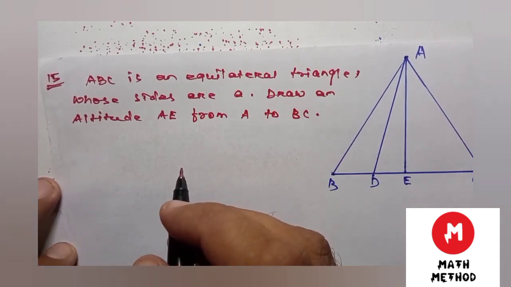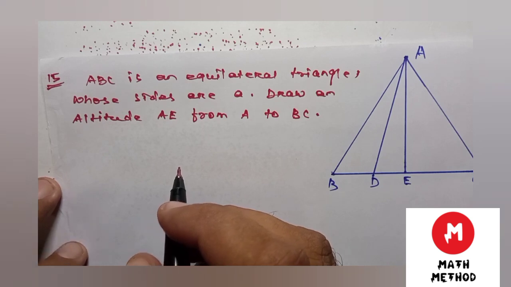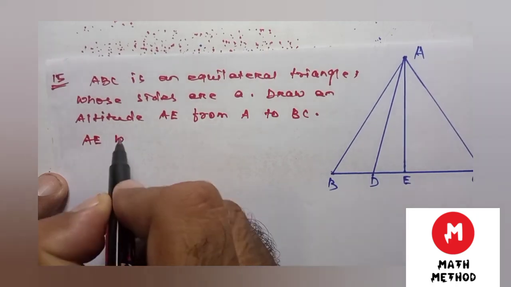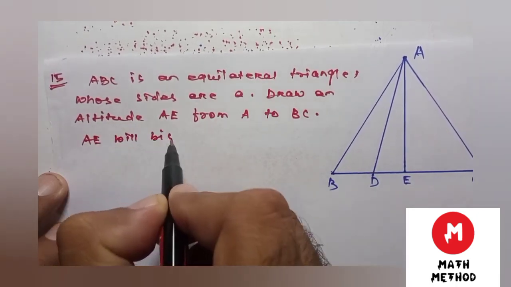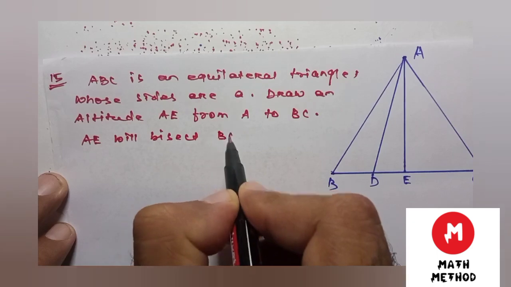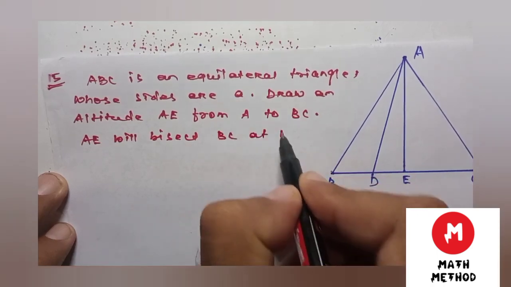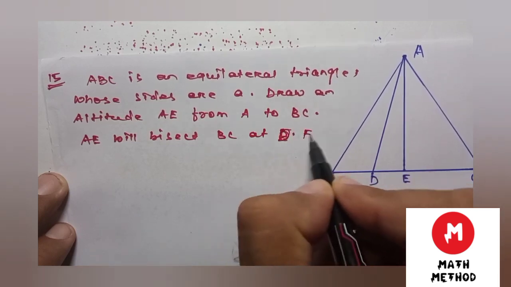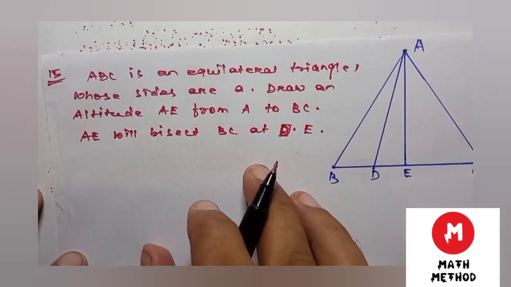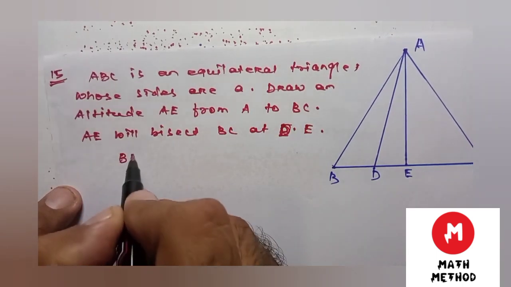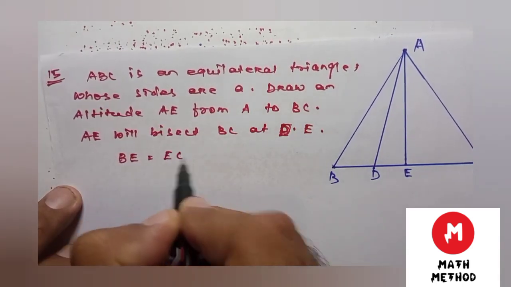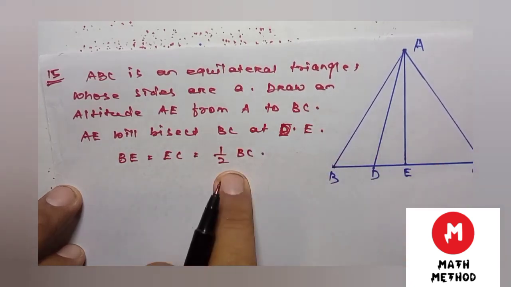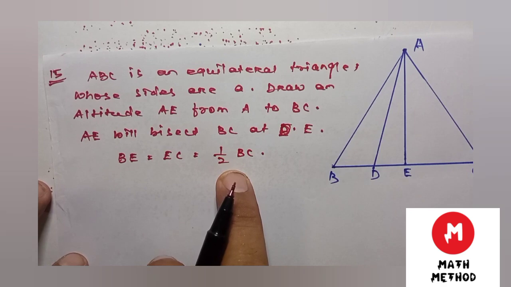Now as AE is an altitude, it bisects the opposite side, so therefore AE will bisect BC at E. So therefore BE equals EC, which equals half of BC, because E bisects BC.